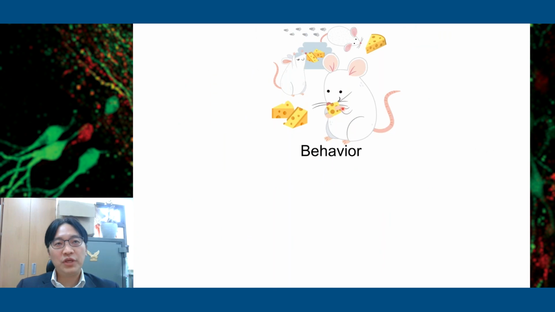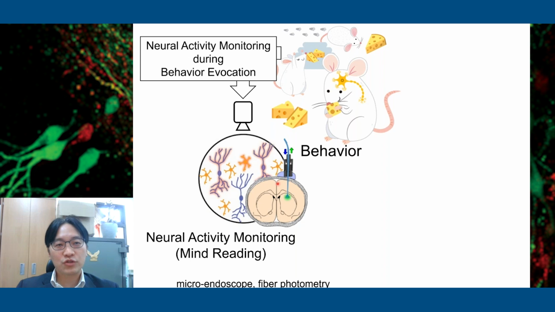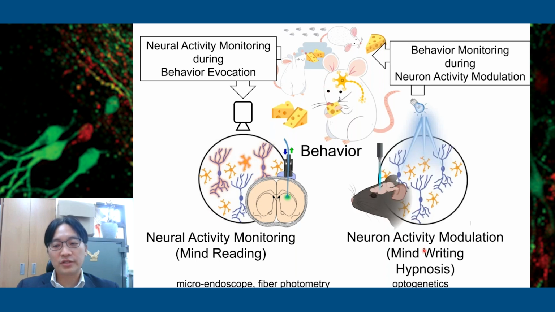So for me, I started my lab like 10 years ago because there were new tools, mostly for rodents, for mice. I saw the invention of the microendoscope, the miniscope, and fiber photometry, with which we can do neural activity monitoring in vivo in a live, freely moving animal. I saw the invention of new techniques, and there's another technique, optogenetics.